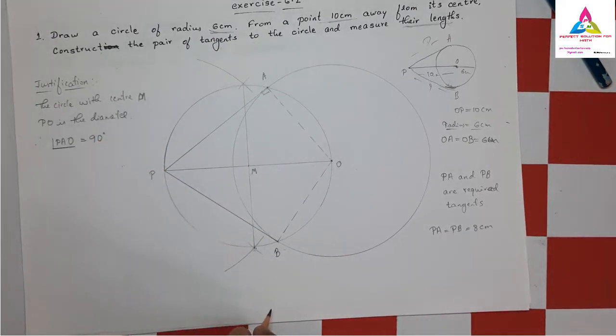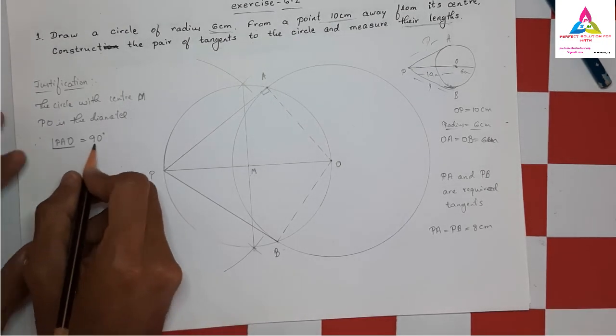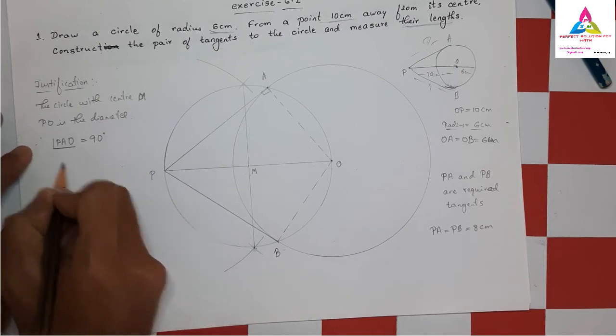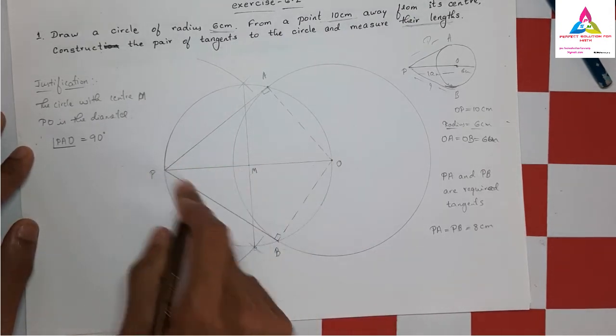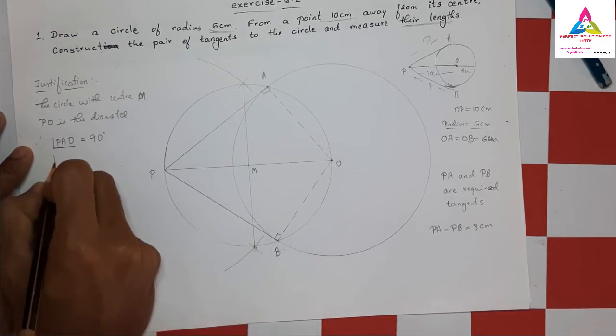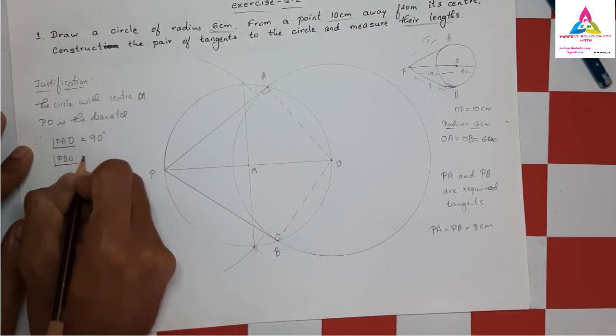Why is it 90 degree? Because this angle A is forming on the diameter of a circle, or on the semicircle. So you can write PAO is equal to 90 degree, and also you can take that PBO is also 90 degree, because it is also on the diameter. So angle PBO is also 90 degree.